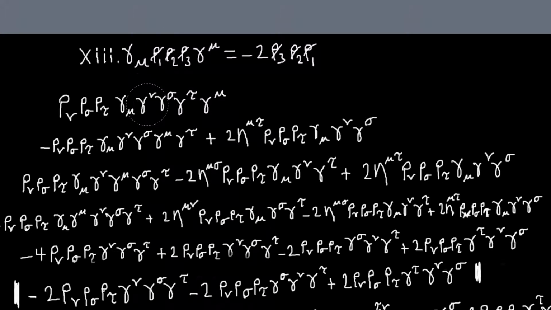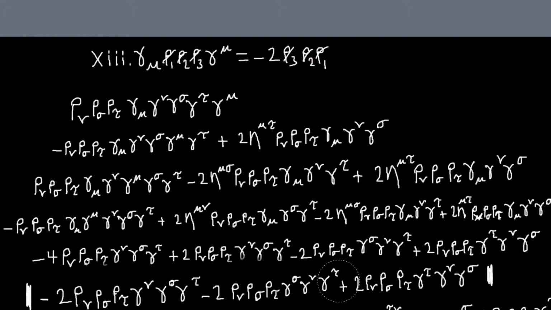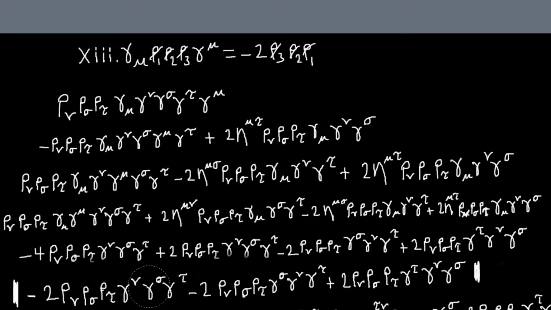In this expression, it's gamma nu, gamma sigma, gamma tau. In my final expression, I'll want gamma tau, gamma sigma, gamma nu. And as you'll notice, none of these 3 terms that I've gotten here have the gamma matrices in the right order. So I have to anti-commute things until they have the right order.